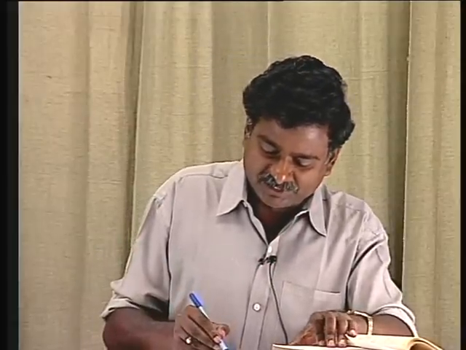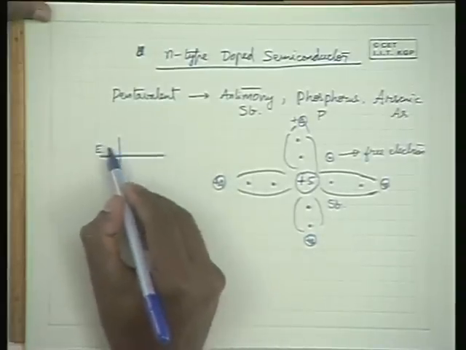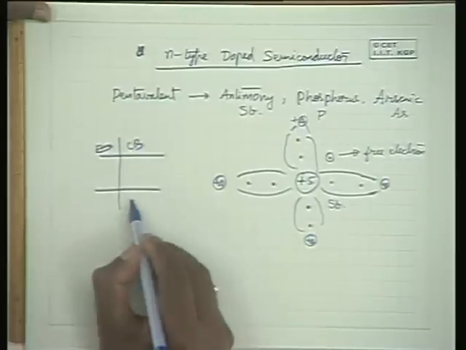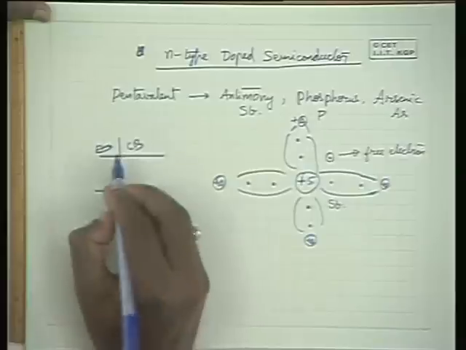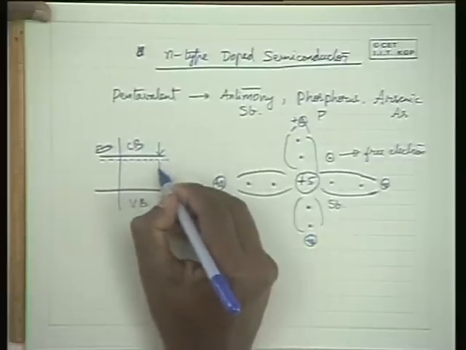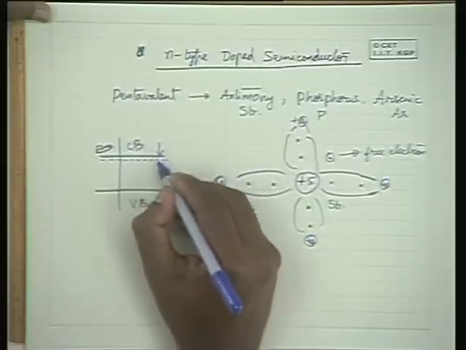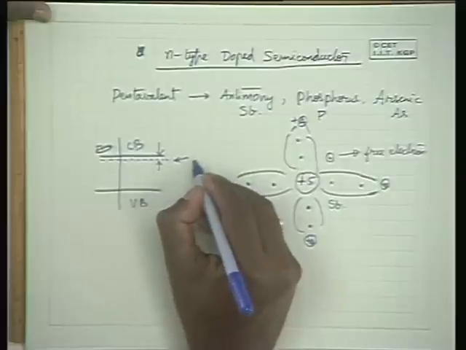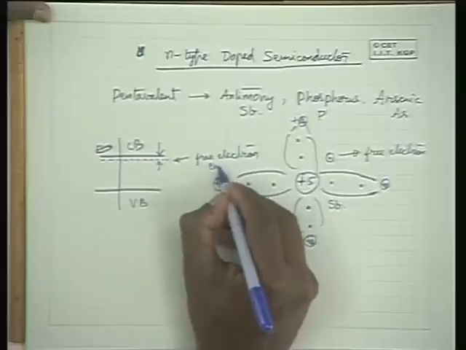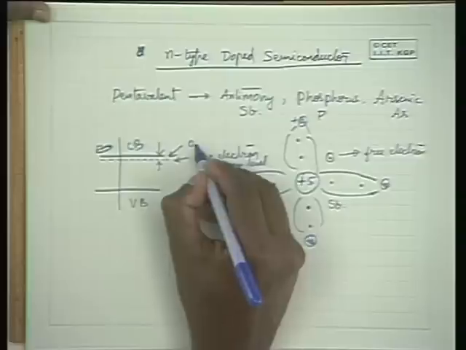Therefore, if you look at the energy level of this particular electron, it is not totally in the conduction band and it is not in the valence band, it is almost close to the conduction band, with the gap between the conduction band edge and the free electron energy level being of the order of 0.05 electron volts.